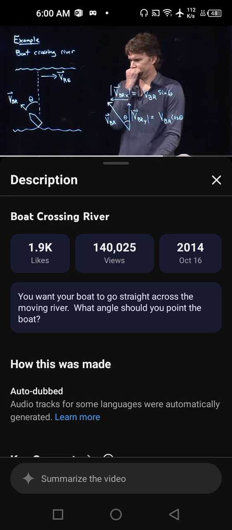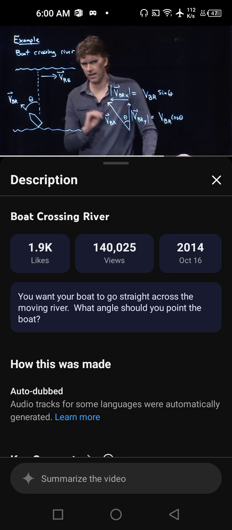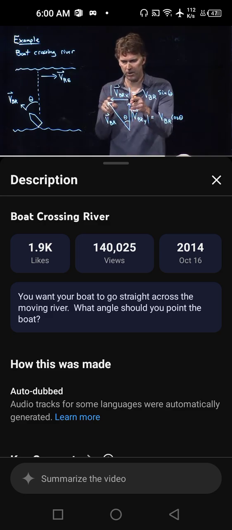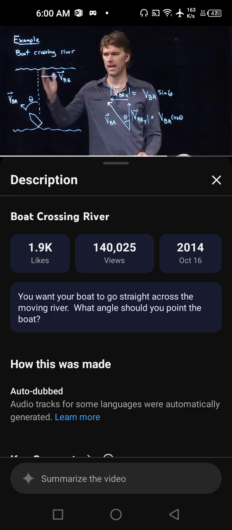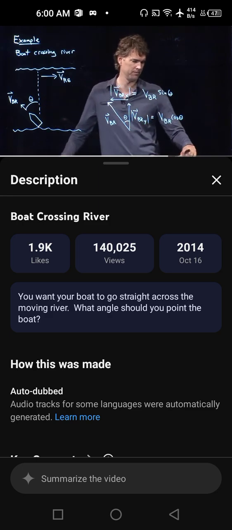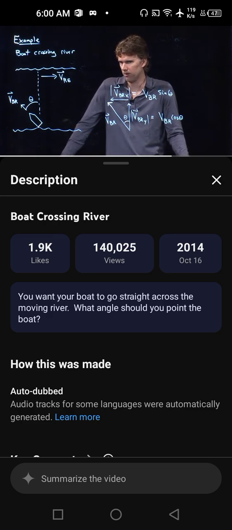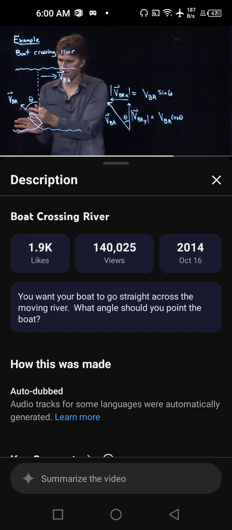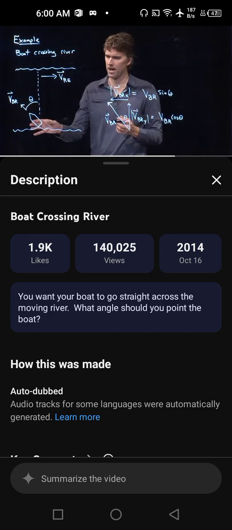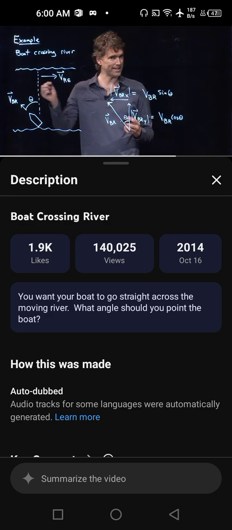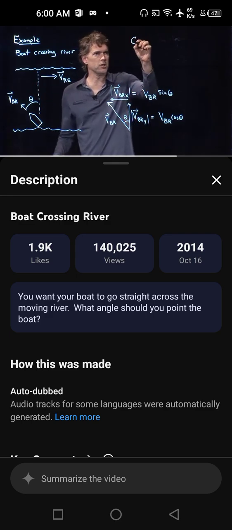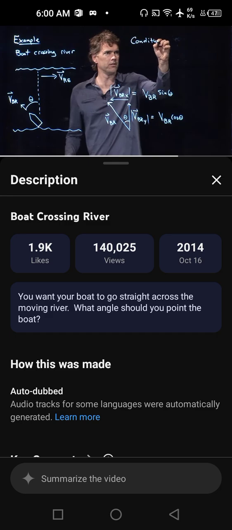All right. If I'm pointing this thing slightly upstream, then my component here upstream has to be what if I'm going to end up moving straight across the river? It has to be exactly the speed of the river. Right? Whatever component of the velocity of the boat going upstream, that has to exactly match the component of the river going downstream. And so our condition now is the following.